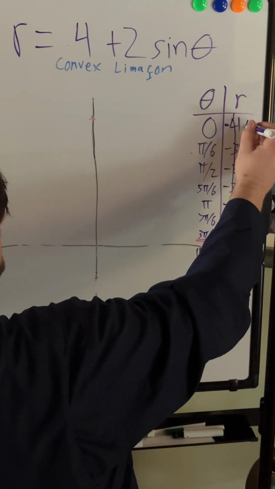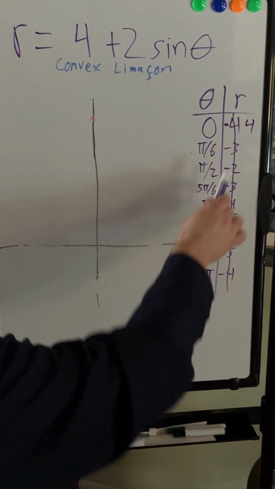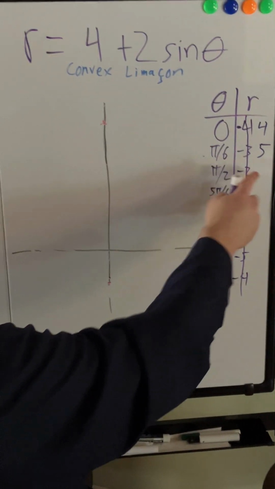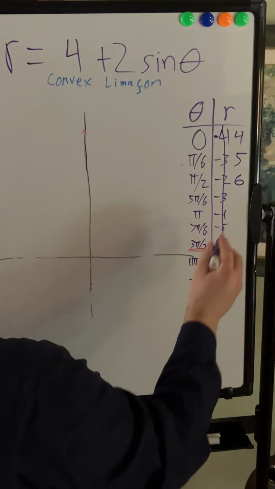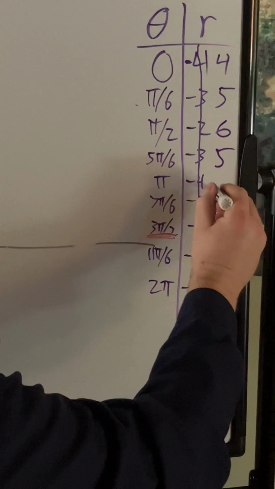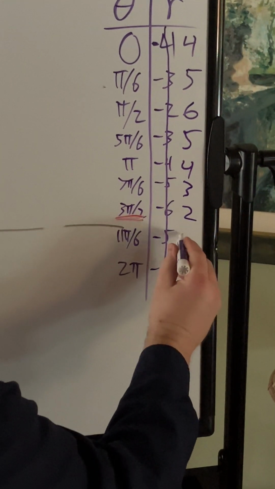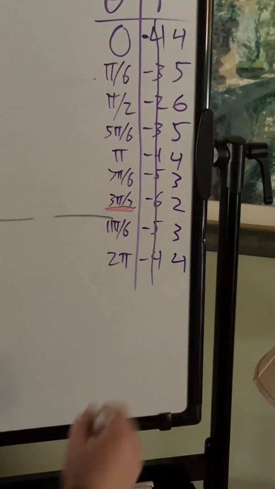I'm going to have positive 4. At pi over 6, I'm going to have 5. At pi over 2, I'm going to have 6. And then 5, and then 4, and then 3, and then 2, and then 3, and then 4.